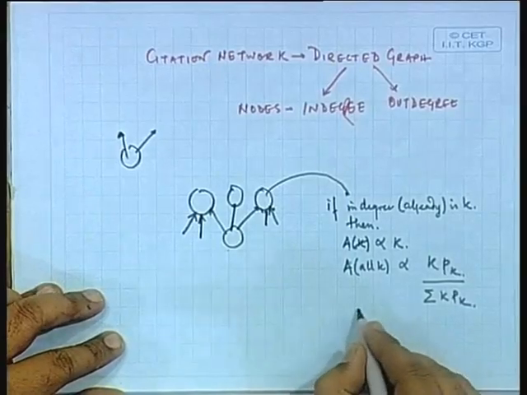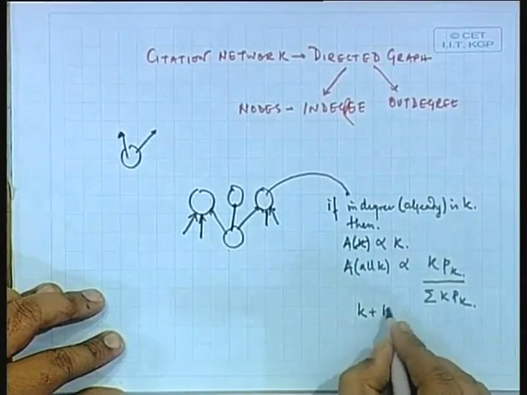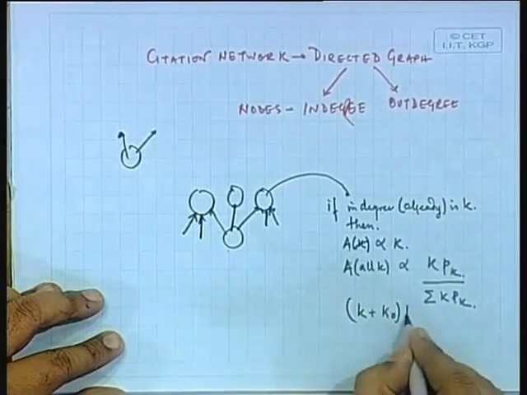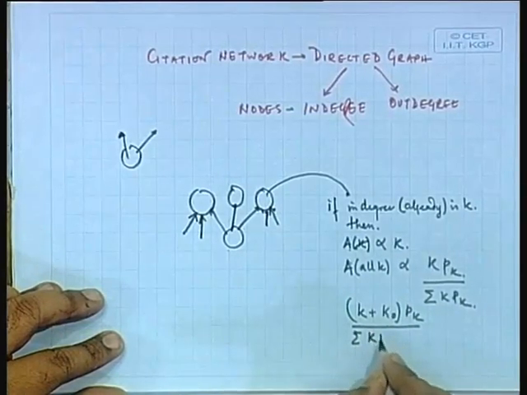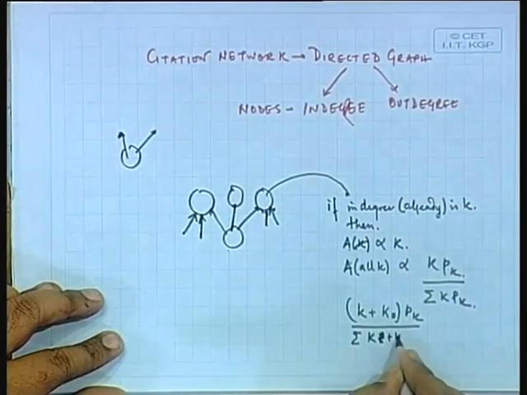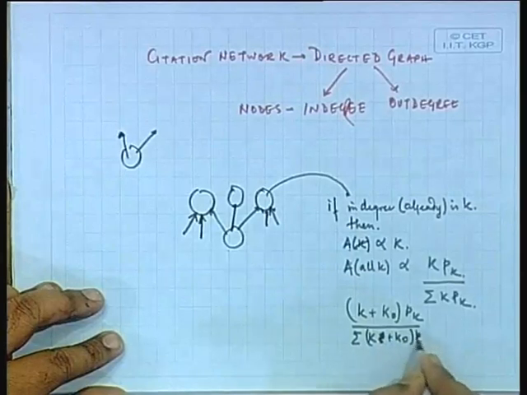If I take just k, then in degree will never come, because all in degree is 0. So, it will never pick up. Then I have to have an offset, say k0: (k plus k0) P_k over the summation of (k plus k0) P_k.